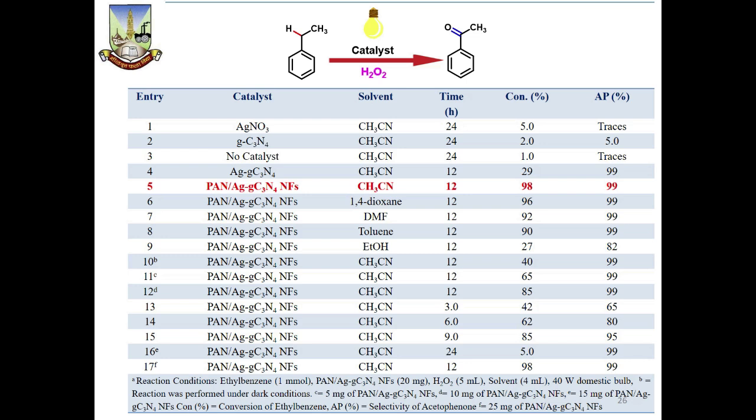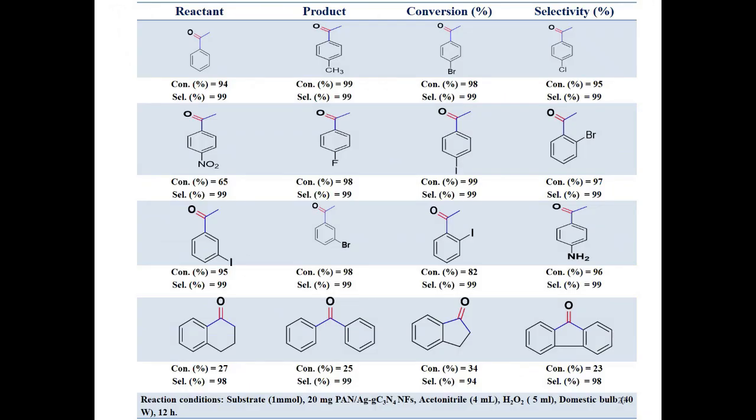The same condition, pan AgCl3N4 nanofibers in the presence of solvent CH3CN. The time required for the reaction is 12 hours and the conversion rate is 98%. So acetophenone conversion is 99% as compared to the ethyl benzene. So these are the different reactants, their products, conversion and selectivity.